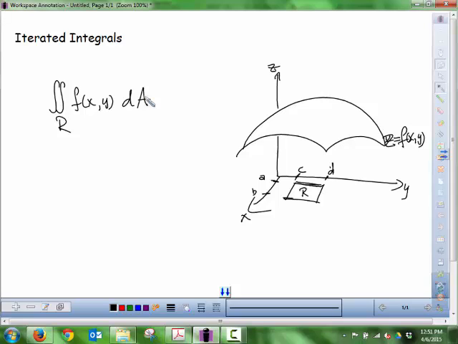It actually is going to refer back to the dx dy or dy dx. So we could take a look at this as the volume under the curve over this region that we're computing.